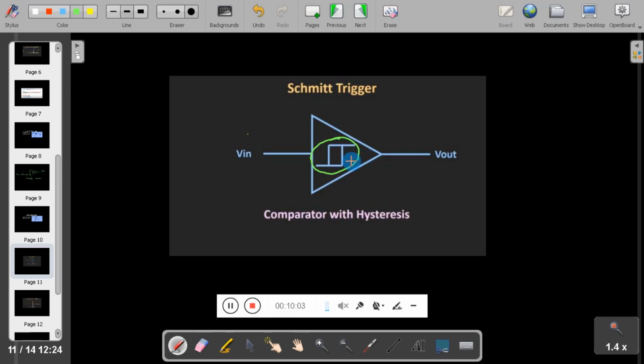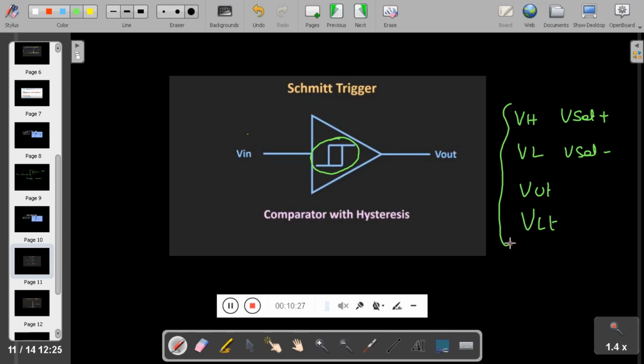To draw the transfer characteristics, we need 4 parameters, that is V high or V sat plus, V low or V sat minus, VUT the upper threshold point, and VLT the lower threshold point.